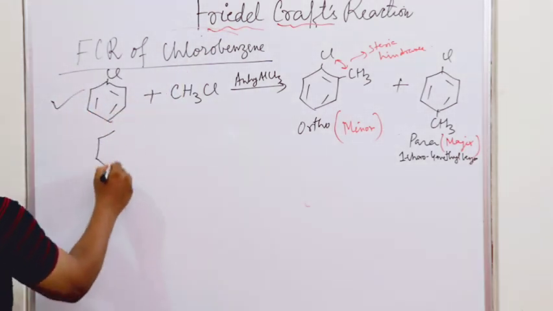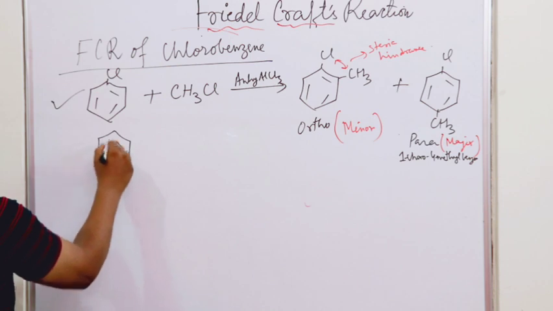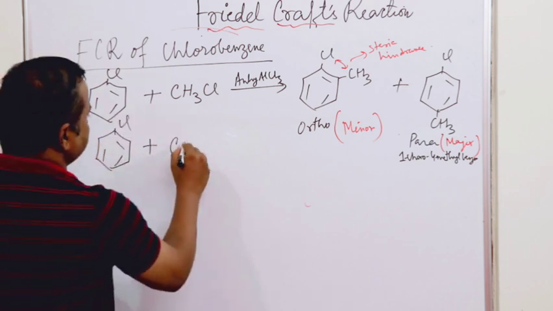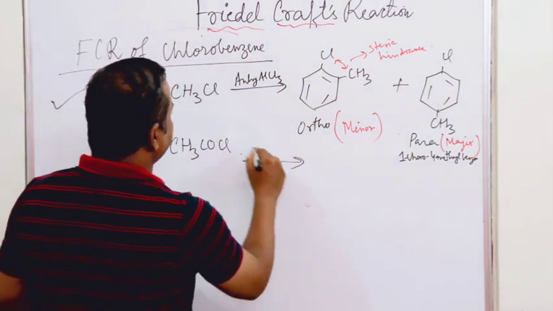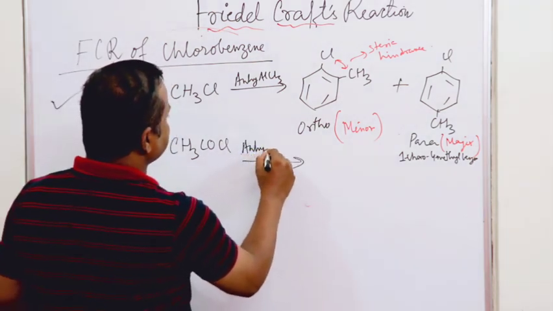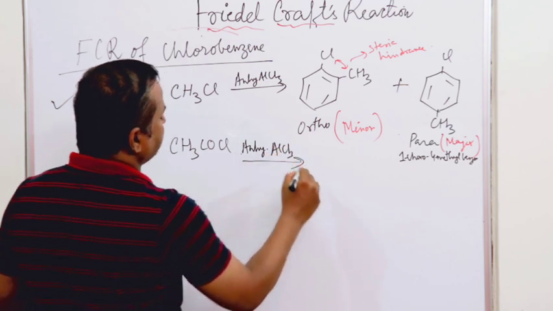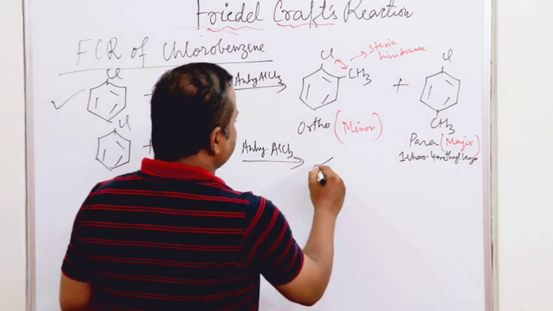Alkylation. Now if you want to carry out Friedel-Crafts acylation of chlorobenzene, we take acetyl chloride or ethanoyl chloride. Here the same catalyst, anhydrous AlCl3. By now you must be knowing its function.